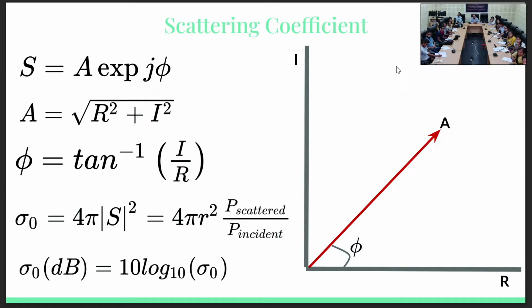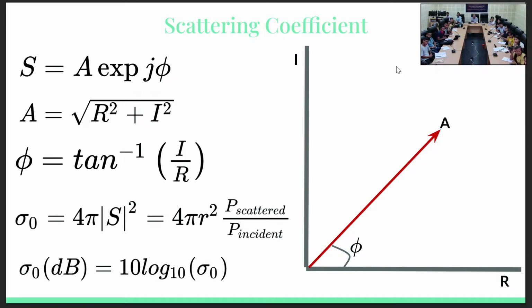This backscatter coefficient tells you, for an area at a distance of r from the sensor, how much energy is going to be scattered back, and that is energy scattered divided by energy received. Does this look similar to what we had in reflectance? Reflected energy divided by incident energy, right?